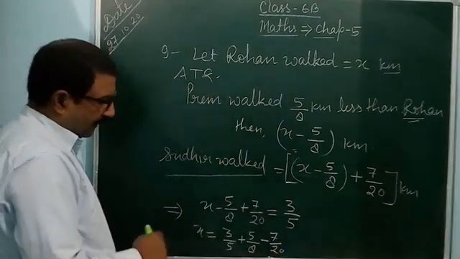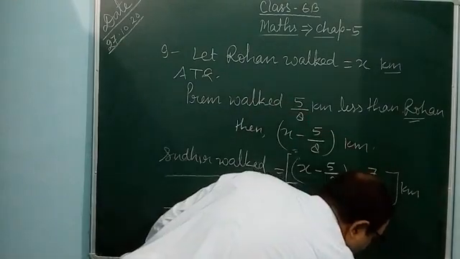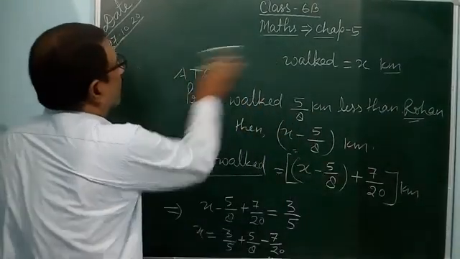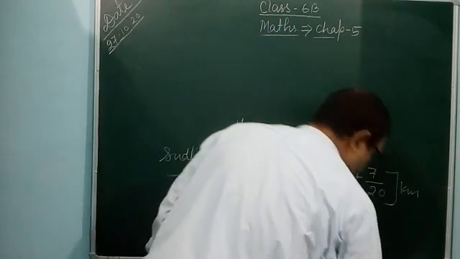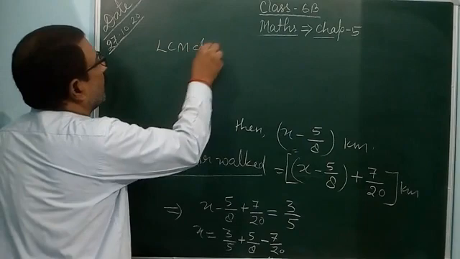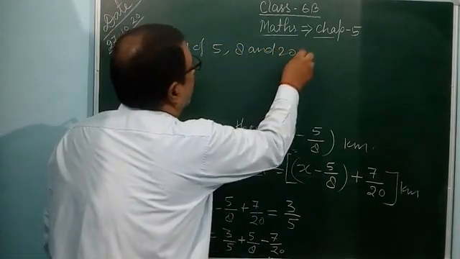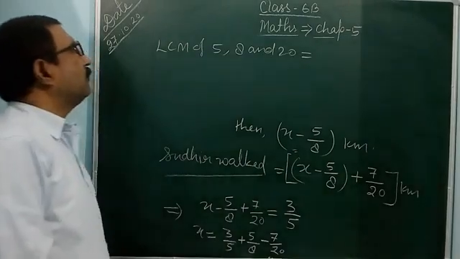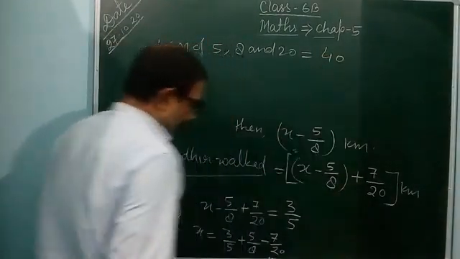After that, you take the LCM of 5, 8 and 20. The LCM of 5, 8 and 20 is equal to 40.